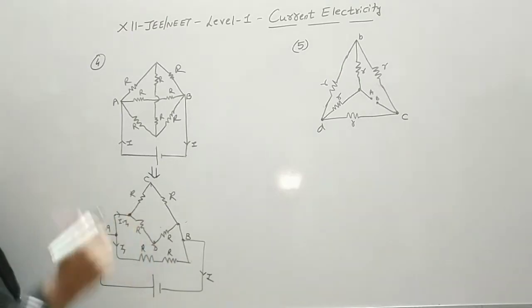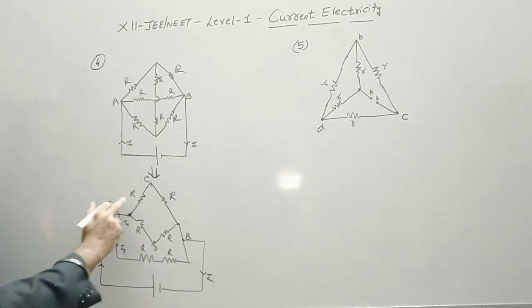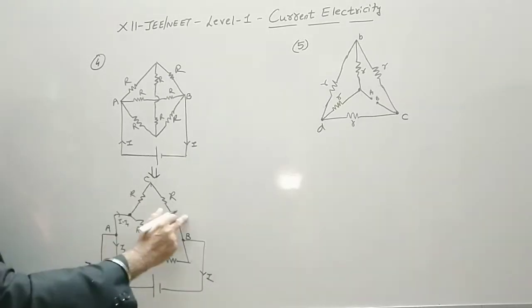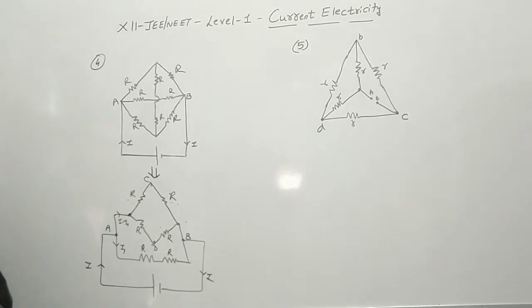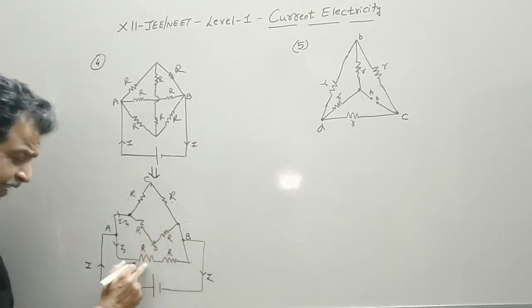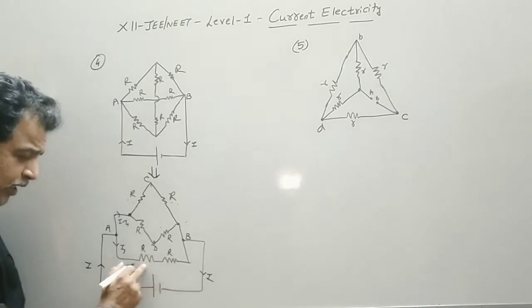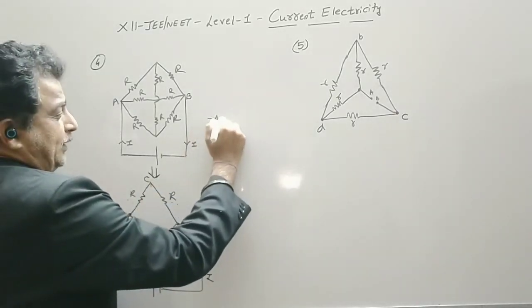That is the equivalent diagram of the given diagram. Now these two resistances are in series combination, so it becomes 2R. This becomes 2R, and this has the same current, so it also becomes 2R.